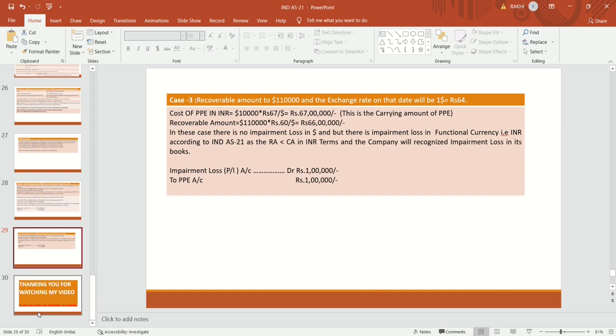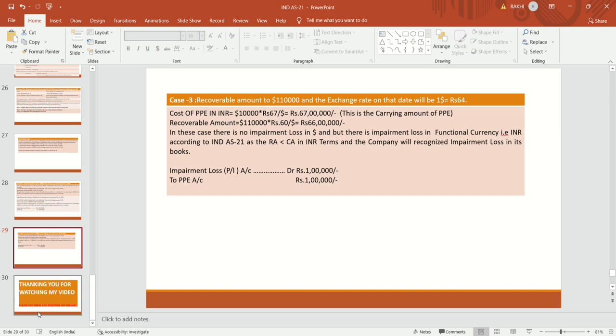and the recoverable amount will be $1,10,000 into 60 per dollar, that is 66 lakhs. It will not increase. So there is an impairment. In this case, there is no impairment loss in dollar terms. Though there is no impairment loss in dollar terms, there is an impairment loss in functional currency, that is in INR, according to Indian Accounting Standard 21.